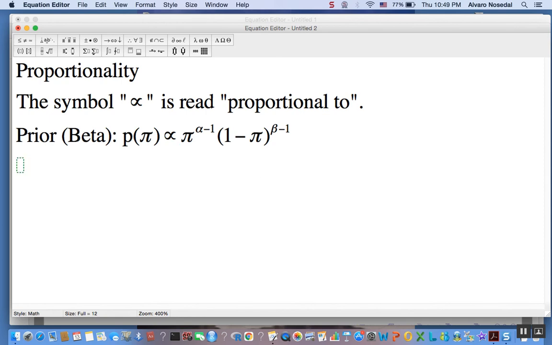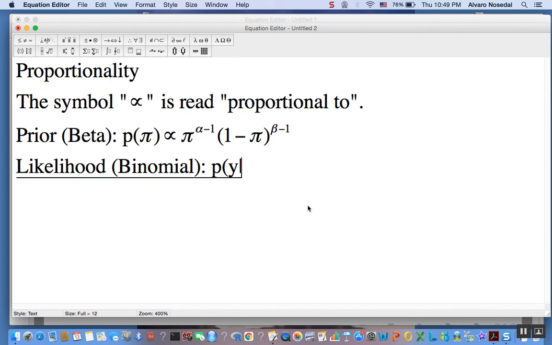Now let's talk about our likelihood. Our likelihood was given by a binomial. We wrote that down as the probability of observing a particular value for our random variable y that reflects the data, given a particular value of our parameter of interest, which is a proportion.